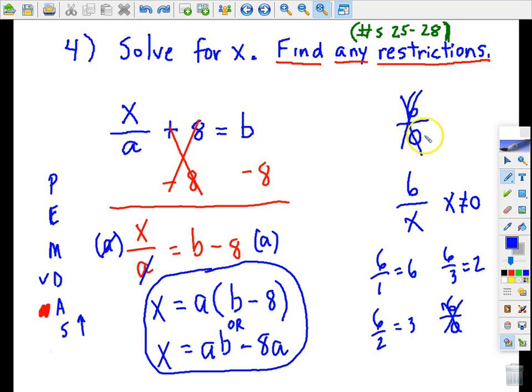If I do, we have this case that is not allowed. So in addition to solving for x, I'm going to have an additional answer. There is a restriction on a, and it is a cannot be 0. All right, so that is the complete answer for this example number 4.